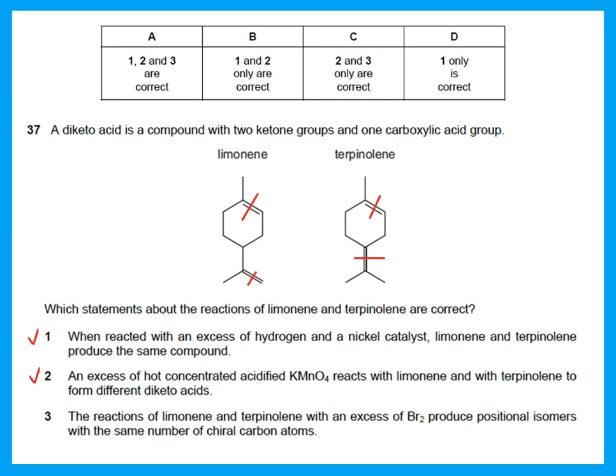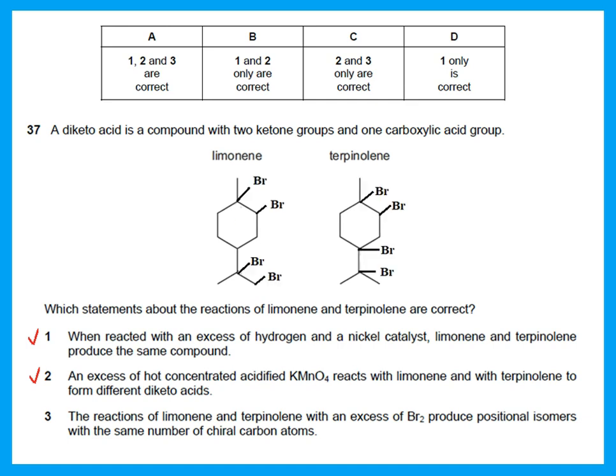Now, the reactions of limonene and terpinolene with an excess of bromine. Excess bromine means I'm going to put bromine into each of these double bonds, open the double bond and put Br on the carbons. Now he's saying this will give positional isomers with the same number of chiral atoms.